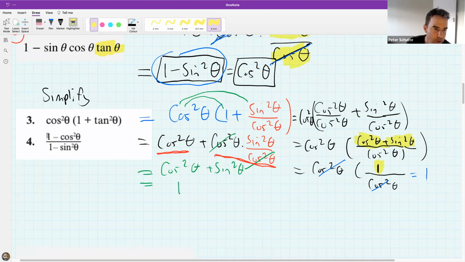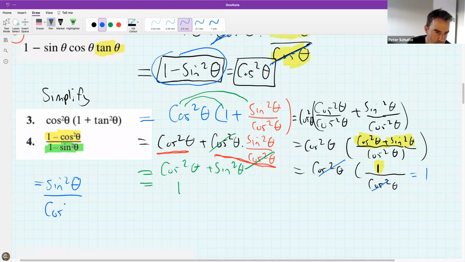I think people are spotting this quite quickly, that this can be rewritten as sine squared theta, and that this can be rewritten as cos squared theta. Now the question then becomes, what is that going to be?